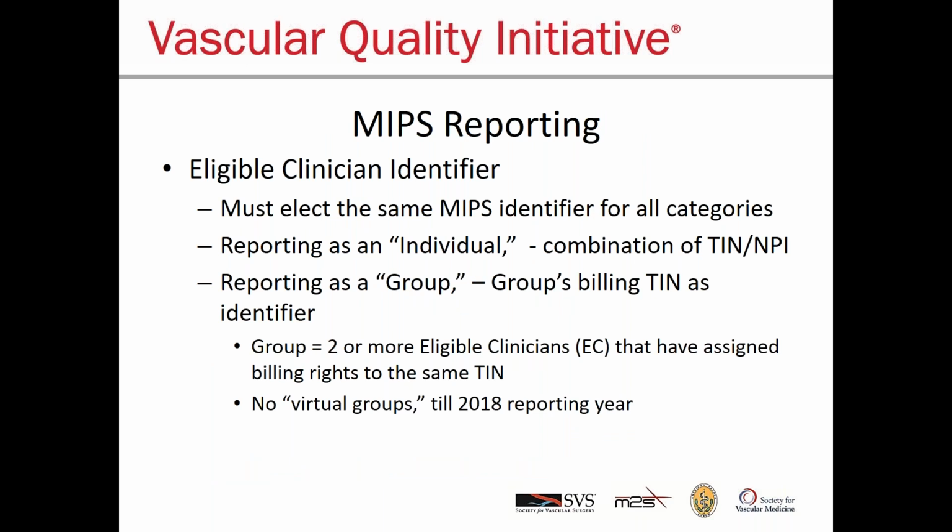The thing you have to remember is that if you report as a group, everybody in your group gets the same score. So if you're reporting as a group and your group decides to report primary care type measures and the primary care clinicians in your group don't do a very good job, then you're going to get that same score too.